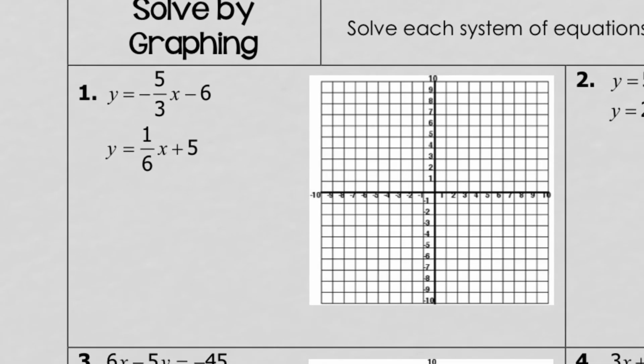So for number one, how do I graph? Let's do blue for the top equation and red for the bottom equation. How do I graph the blue equation? What do I start with?